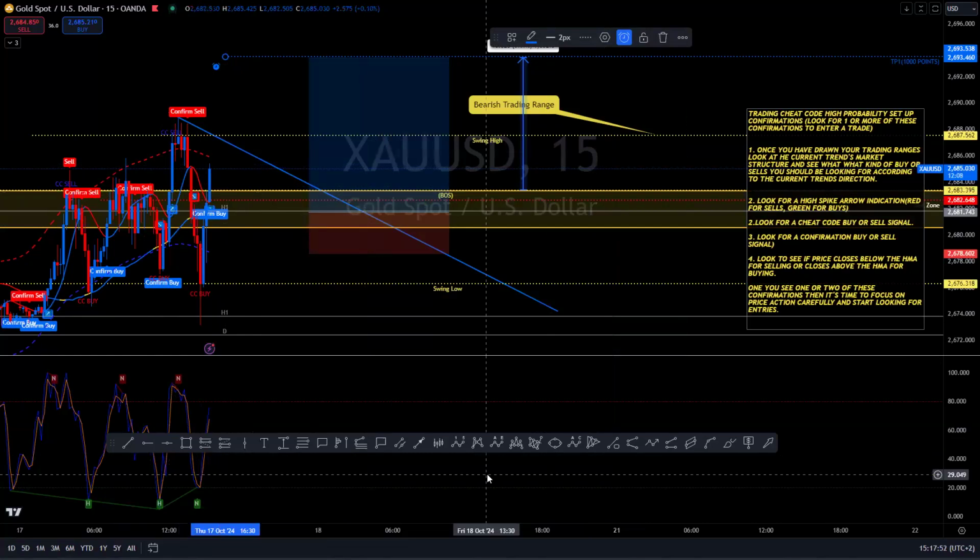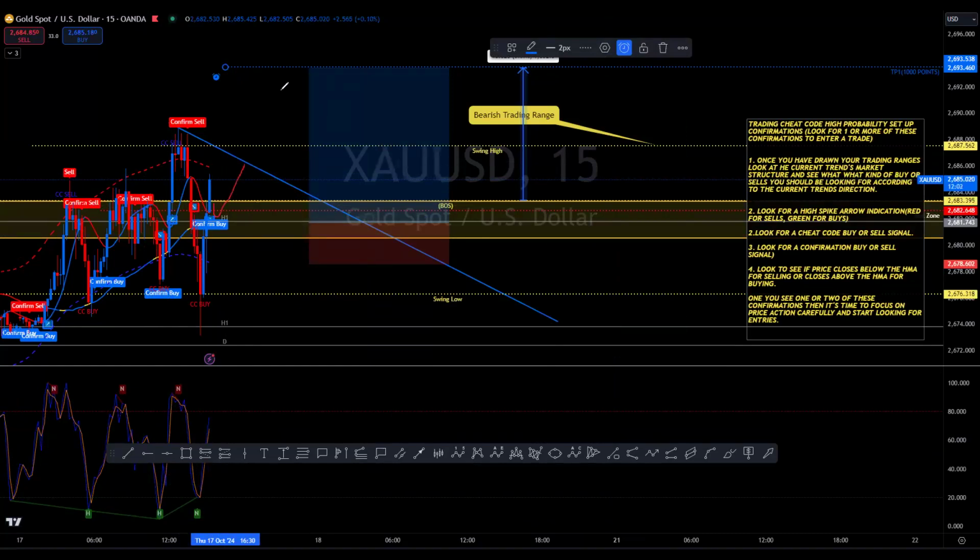So it's probably safe to say that we need to start looking for counter sales and retest buys now. So that's what I'm going to be looking for now. If price had held at this break of structure and sold down further, then I'd probably be looking for counter buys and retest sales. So that's why I'm looking at the structure.